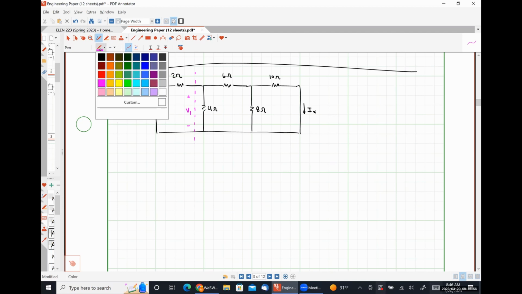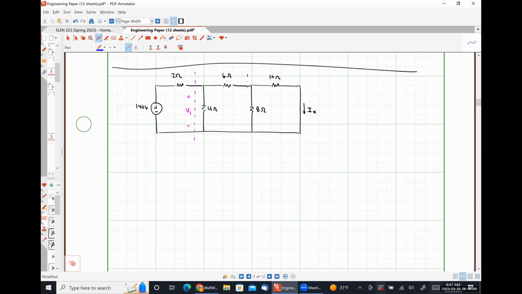Then I'm going to do blue. I'm going to call this voltage V2. Everything to the right of that blue dash line, I'm going to replace with its equivalent resistance when I do voltage division the second time. And then once I know that voltage V2, I can simply do Ohm's law to find the current Ix.